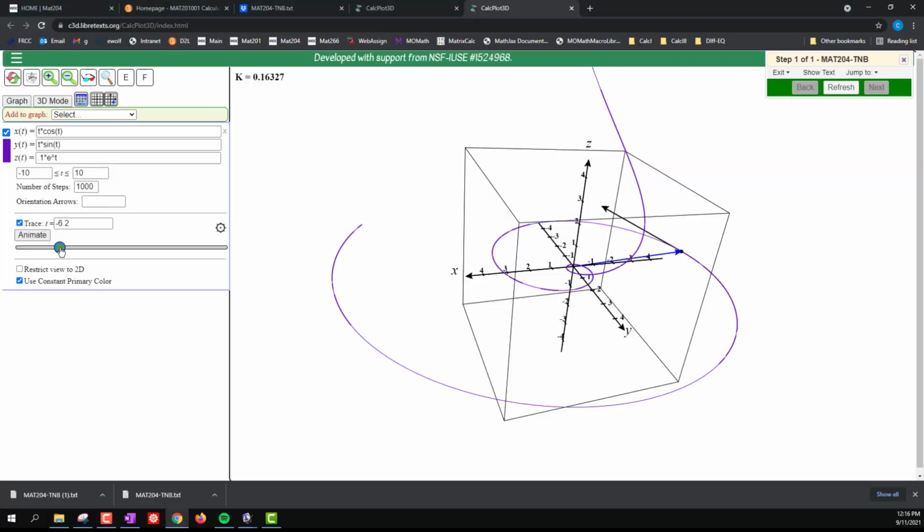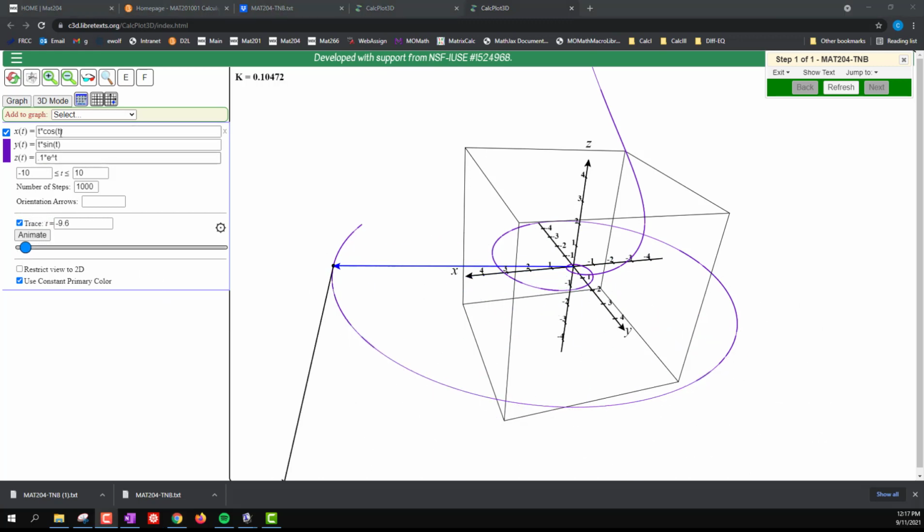So we can see here that the velocity of this curve changes as we move through here. Here it has a very small velocity because the magnitude of that black vector is small. And here the magnitude of the velocity vector is increasing. And always as we're going through this, not only is the magnitude of that black vector changing, but of course so is the direction of that black vector.